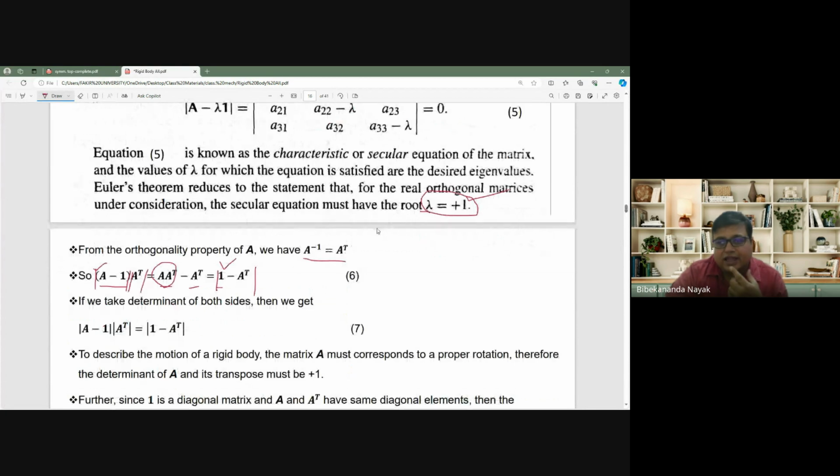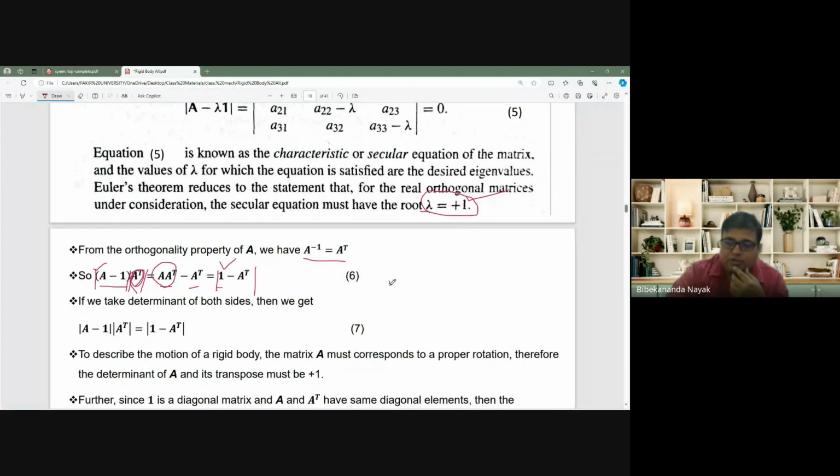But A represents a rotation, so it is an orthogonal matrix, and to describe a proper rotation the determinant of this matrix must be 1.